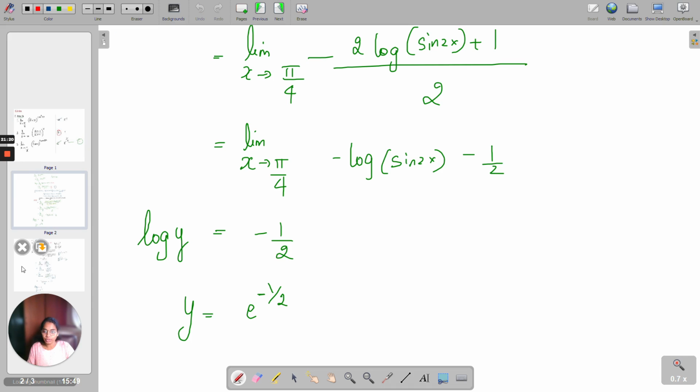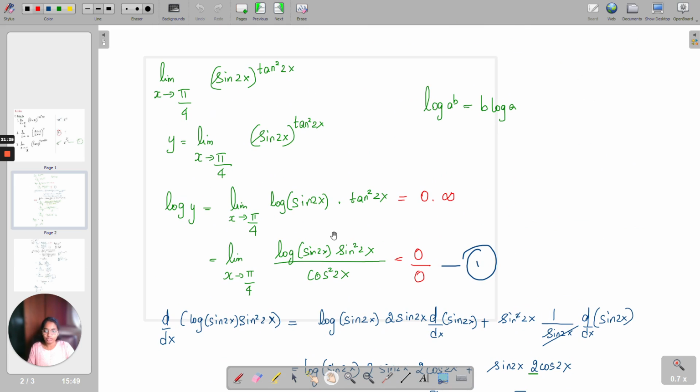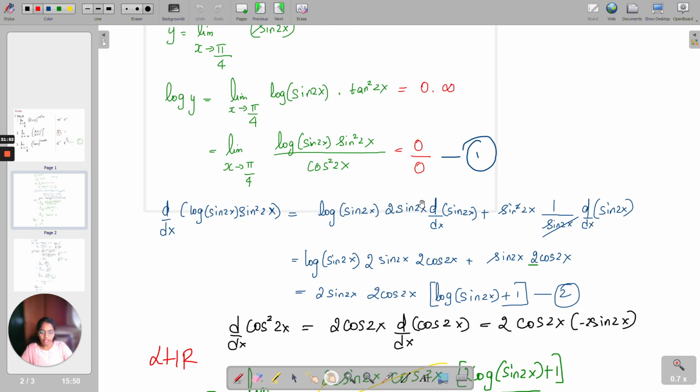Let's revise what we studied in this video. Yes. That is, we took the first question, that is limit x tending to pi by 4 sine 2x to the power tan square 2x. So anything if you get like a to the power b, try plugging in log into that. Yes, so we plugged in log, and since we have log a power b is equal to b log a, we used that and we saw that we were getting 0 into infinity form.